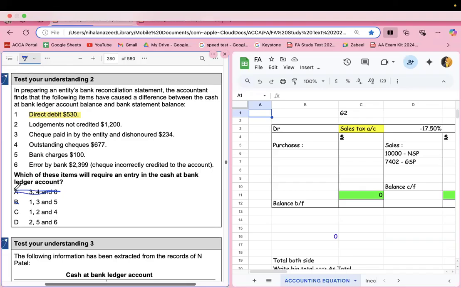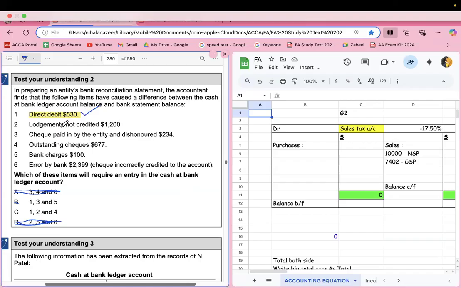So this is not there, and this is also not there. Which of the items will require an entry in cash? Any direct debit means an unrecorded liability, an unrecorded item. So unrecorded items would always be adjusted in the cash at bank ledger. So option one is correct.